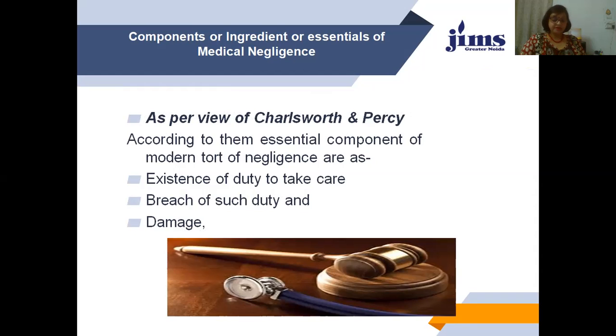Therefore, if the plaintiff proves that the doctor was negligent but fails to establish that any loss or injury was caused thereby, he will not be entitled to any compensation. The general test for causation requires the plaintiff to establish that the injury would not have occurred but for the negligence of the defendant.